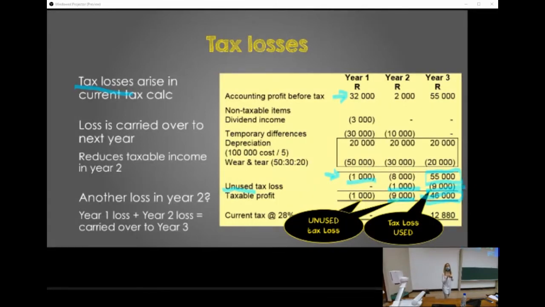And also note that if I tell you we have an unused tax loss, that is the amount before tax. So not multiplied by the tax rate yet. That's just the tax loss that we calculated in our current tax. So unused tax loss will be the tax loss amount before it's multiplied by the tax rate. Good.